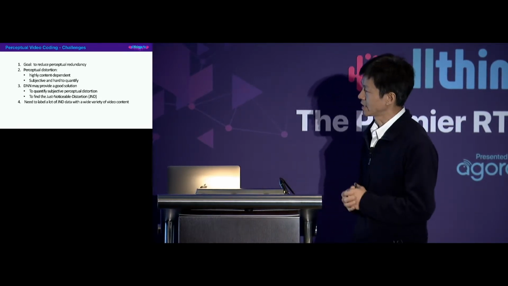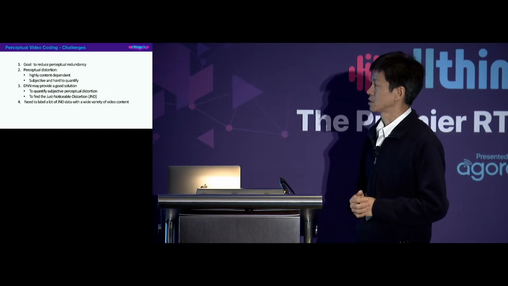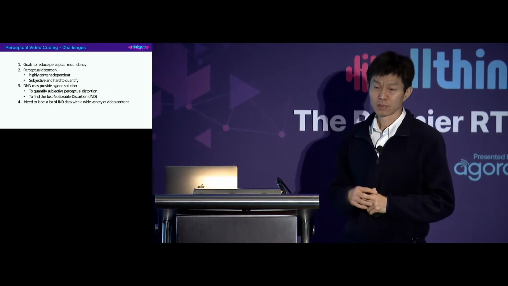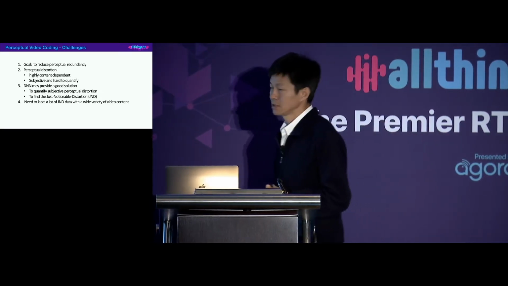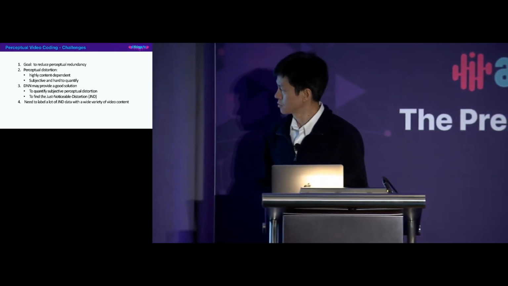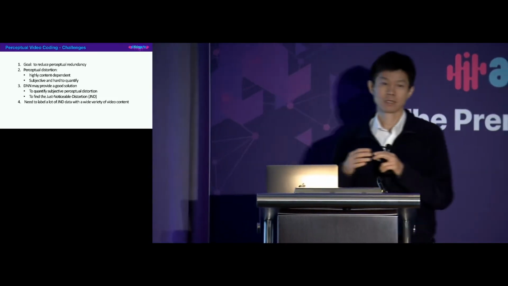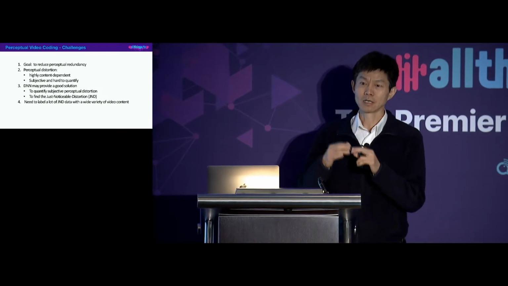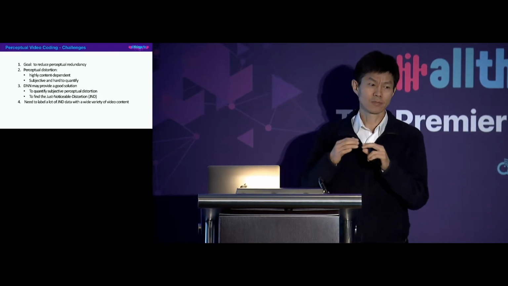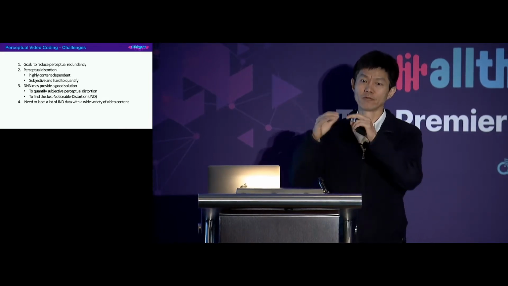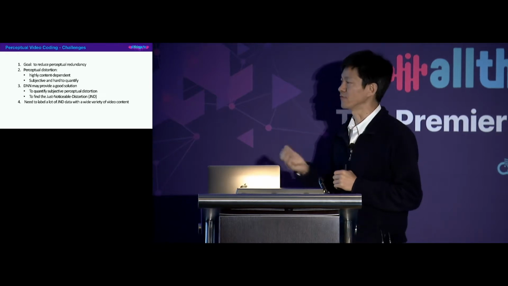And the idea is to find the just noticeable distortion. So JND, just noticeable distortion, is a threshold under which the distortion cannot be perceived at all, above which the distortion will be visible.